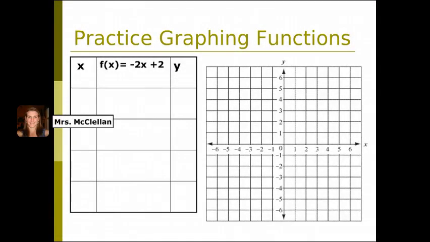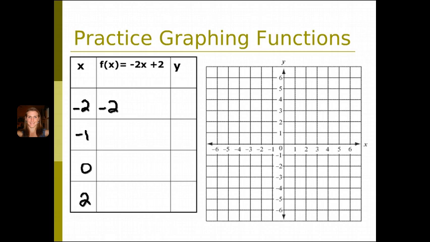Alright, so this is going to be our last example of using the t-chart and graphing. Again, you can choose any x values that you want. I'm going to use -2, -1, 0, and +2. We're plugging our x values into the equation.